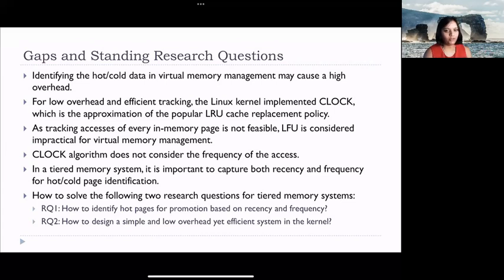So traditionally, learning from the history, Linux kernel implemented the clock algorithm, which is an approximation of the popular LRU cache replacement policy. Now, implementing a pure LRU policy following its restrictions at its base is going to cost more. So what is the next best thing to do?